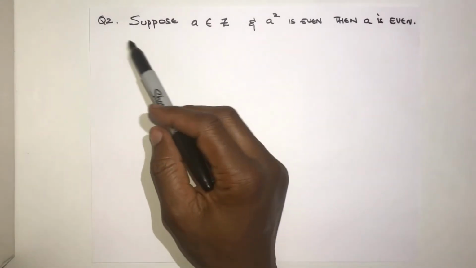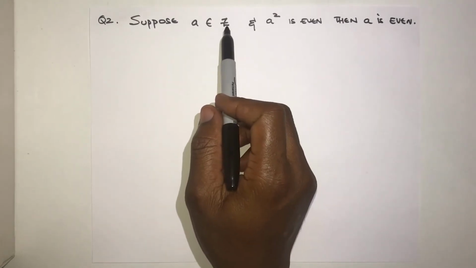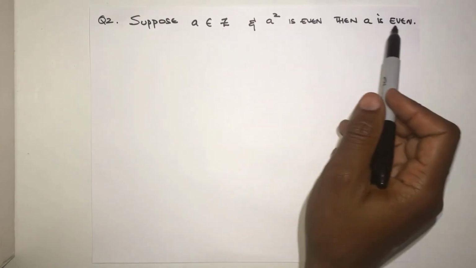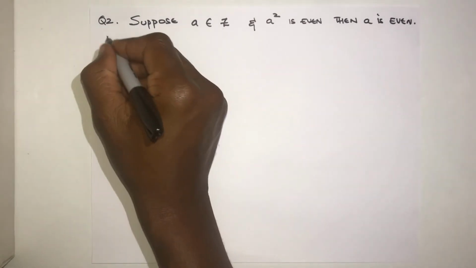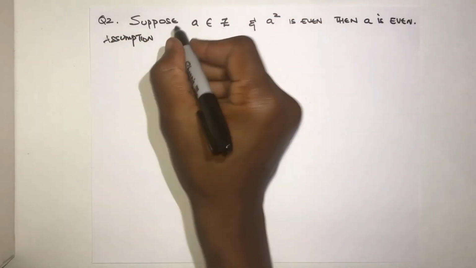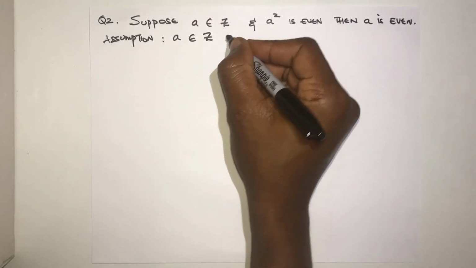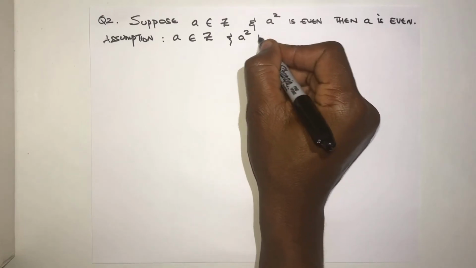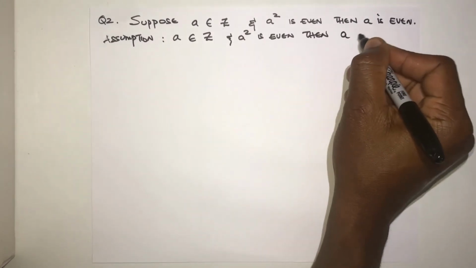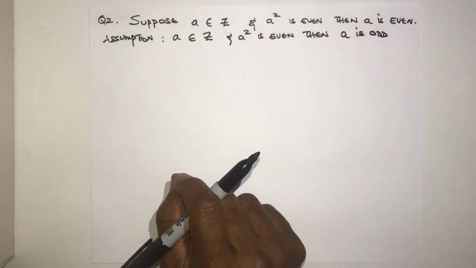Now let us consider another question. Suppose a, which is an element of Z, an integer, and a squared is even, then a is even. So first things first is the assumption, and the assumption is that if a is an element of Z and a is even, then a is odd. Correct?